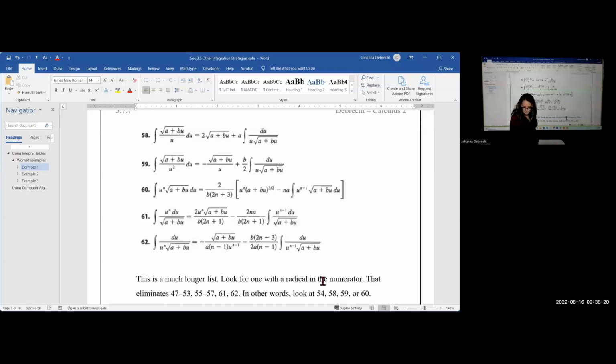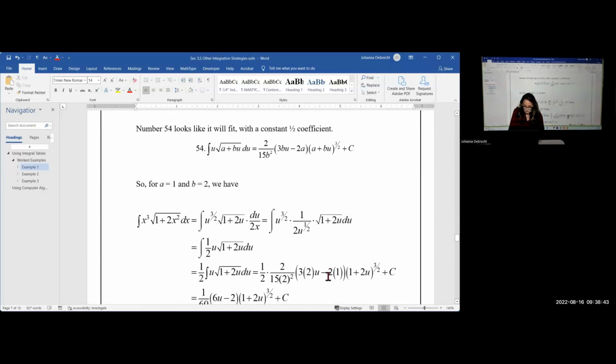So 60 is a possibility here. 61 and 62 have the radical in the denominator. So it looks to me like it's either 54 or 60, with 54 more exactly fitting the pattern I have, u to the first.